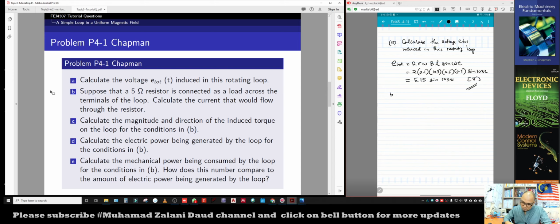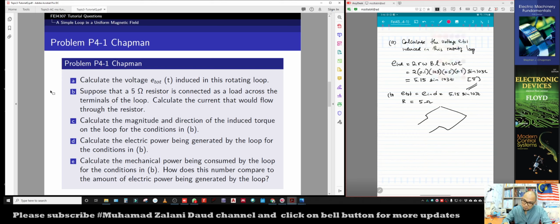And then question B: suppose that we have a 5 ohm resistor connected as a load across the terminals of the loop. Calculate the current that would flow through the resistor. So we know that E ind is the induced voltage, which is 5.15 sine 103 t. Then we connect the resistor of 5 ohm to that terminal, something like this.